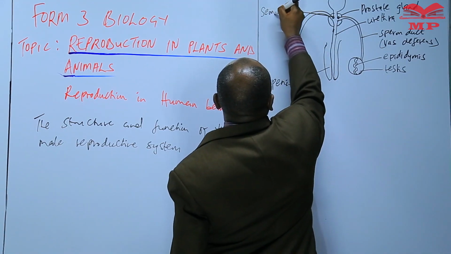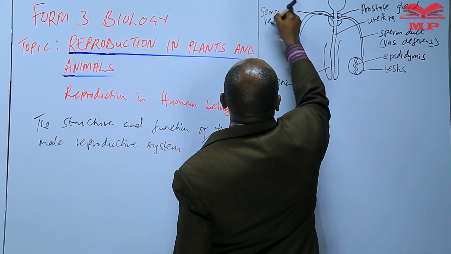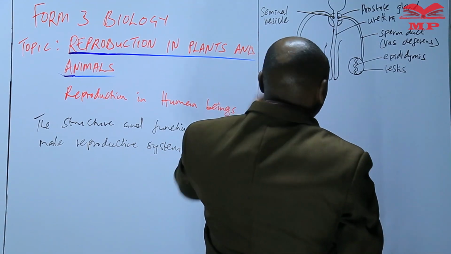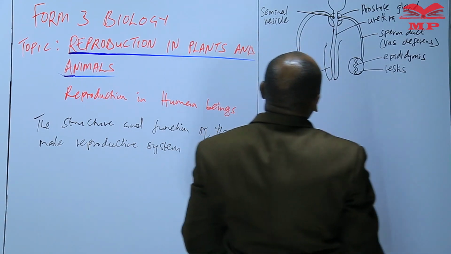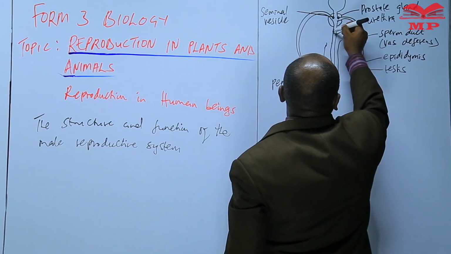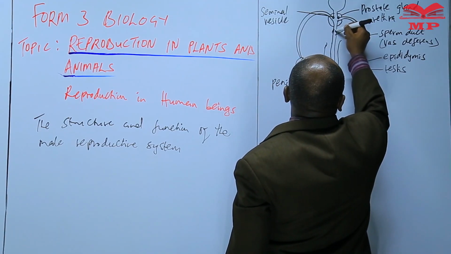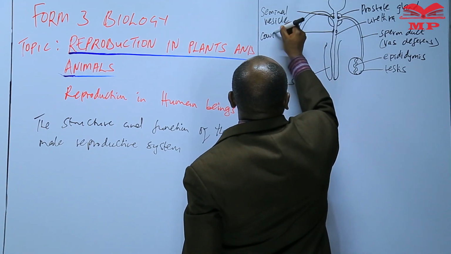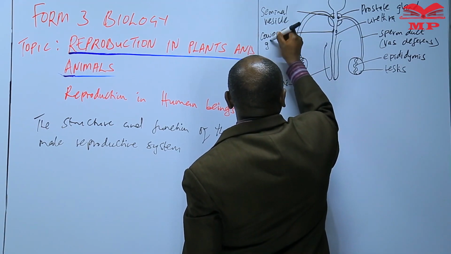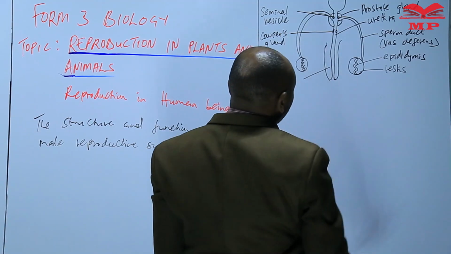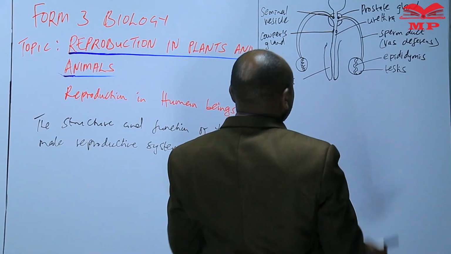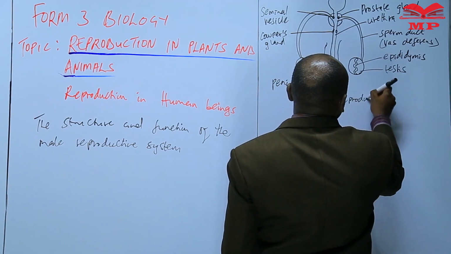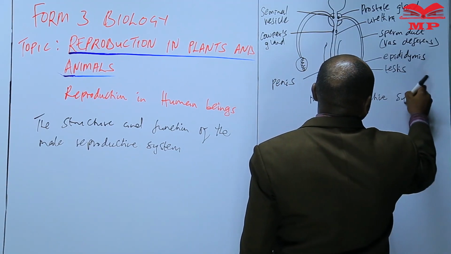We have the seminal vesicle. And then we have the Cowper's gland. So those are the parts that form the male reproductive system.